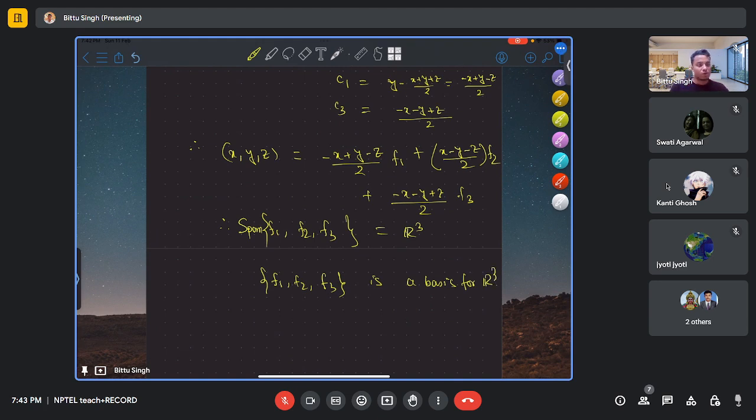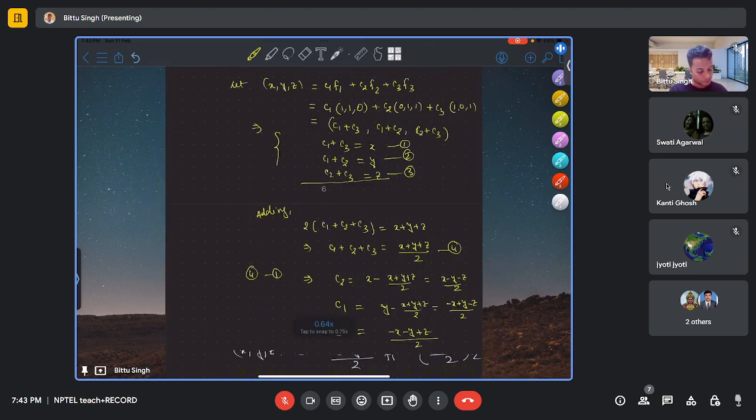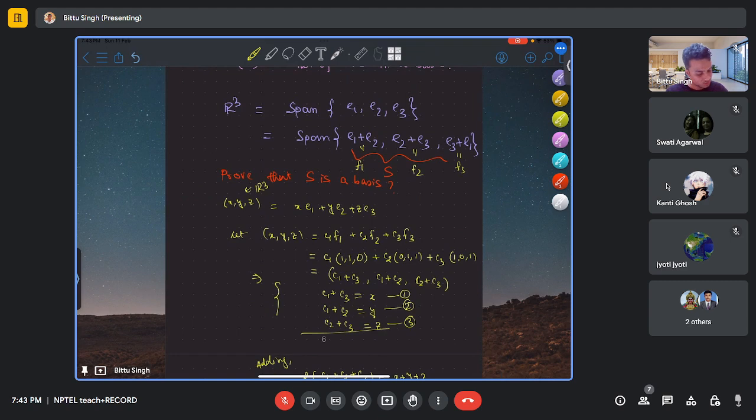So from this, we can see that the number of elements in the basis, here it is e1, e2, e3, and in the second basis it is f1, f2, f3, there are 3 elements for the vector space R3, and it will hold for any vector space.